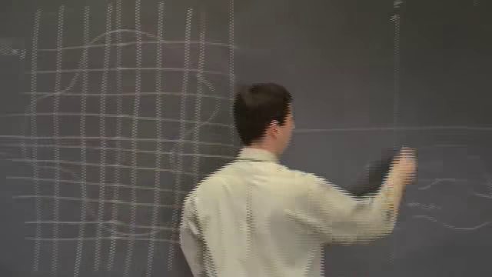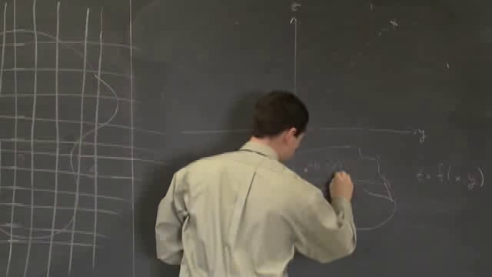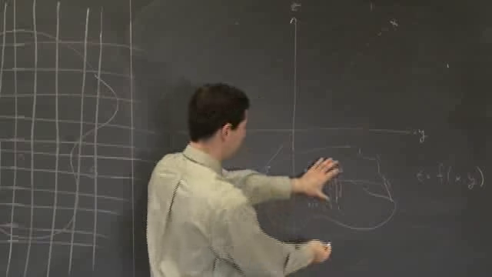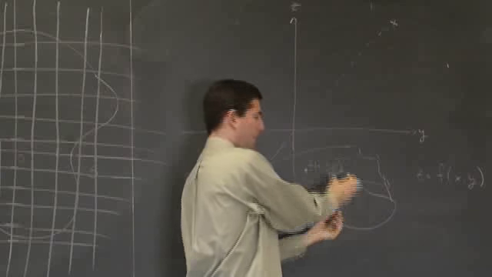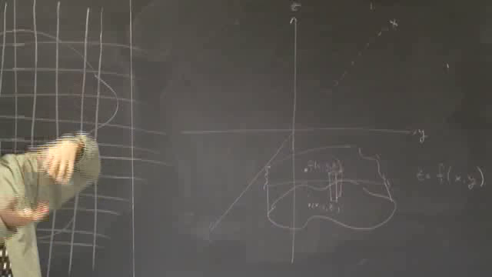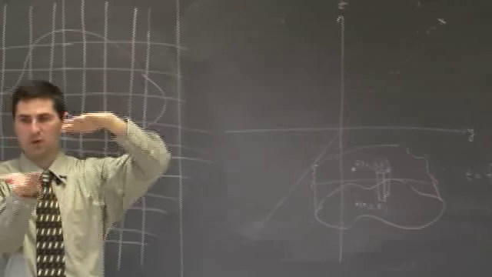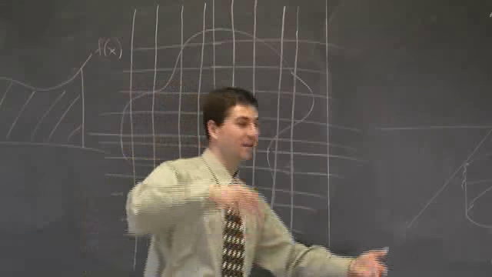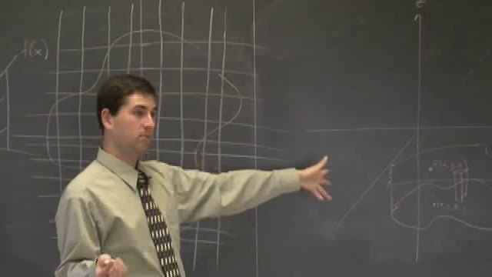I'll start drawing these lines like this, and I'll build a whole bunch of these little parallelepipeds that go up from the bottom and head up to the top, and fill up this whole thing with them. And some of them maybe are going to be too big. They're going to be too high. They're going to capture too much volume. And some of them are going to be too small. They're not going to capture enough volume. So I'll get a lower bound and an upper bound. Exactly the same sort of situation.